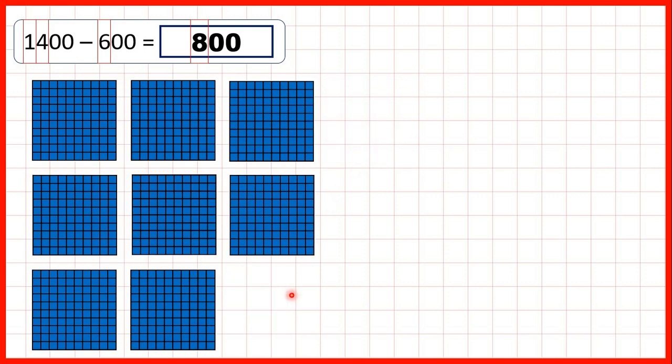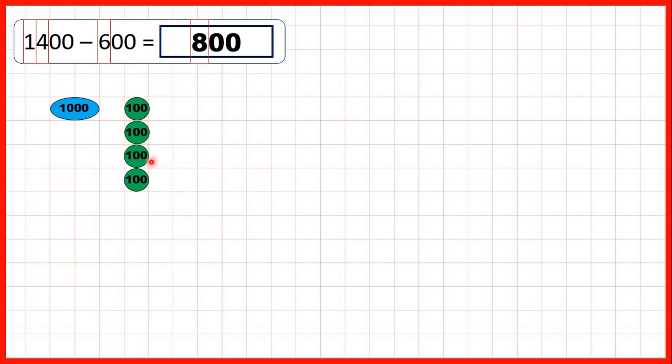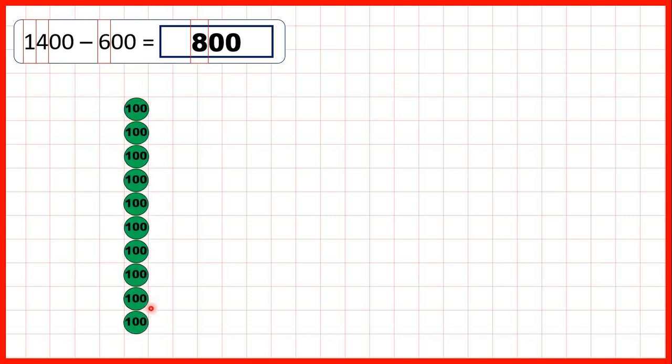Then we can take 2 more away, so we've subtracted 600 blocks altogether, and that leaves us with 800. Or with place value counters, to subtract 600s, we can take away the 400s that we have, then exchange our 1,000 for 10 hundreds and take away 2 more, and that leaves us with 800 as our answer.